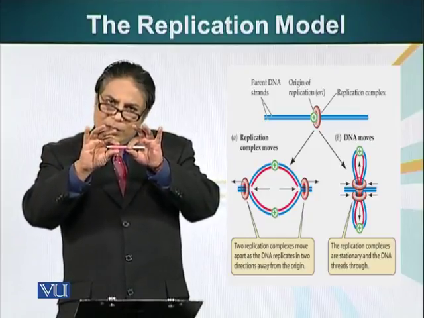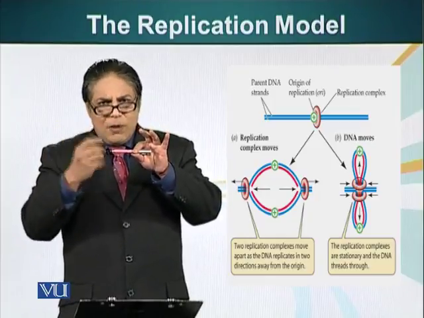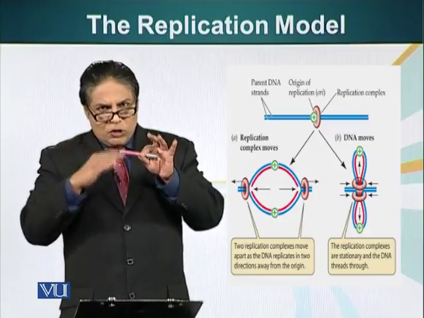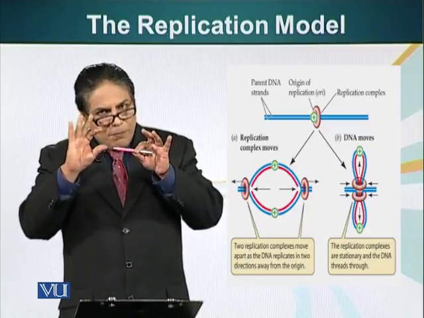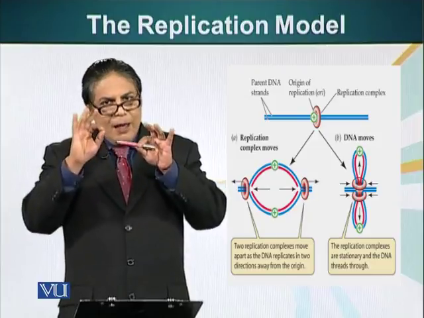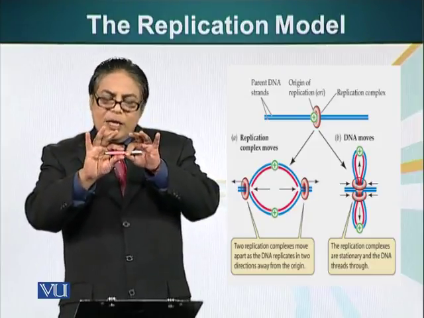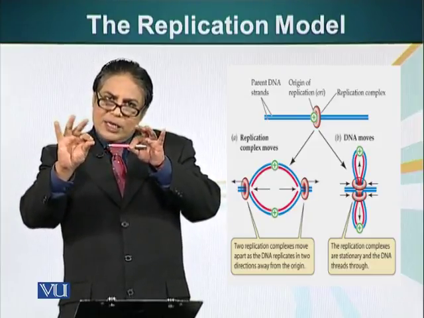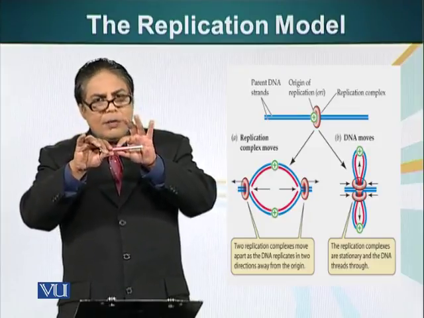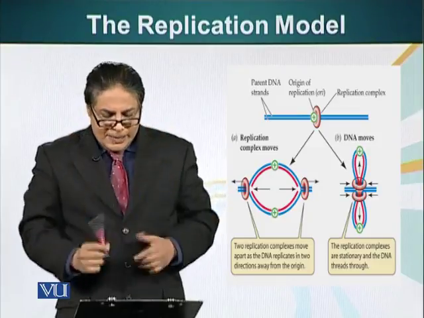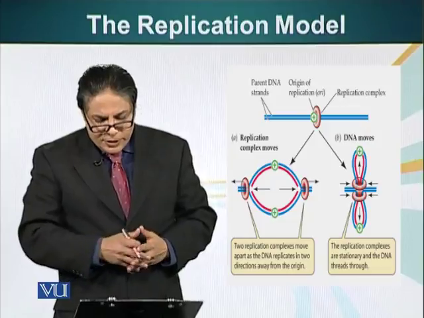Actually, it will be easier to understand this concept if we say that the DNA polymerizing machinery is moving. So one machinery is moving in this direction along the DNA molecule, the other machinery is moving in the opposite direction, as you can see on the slide.